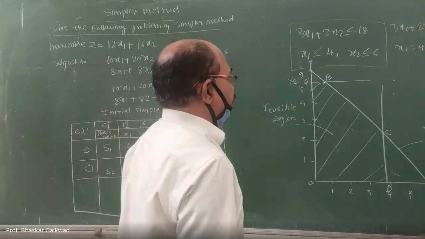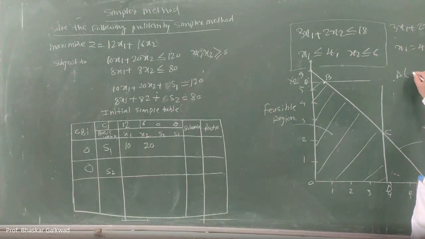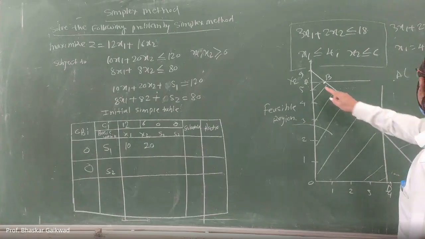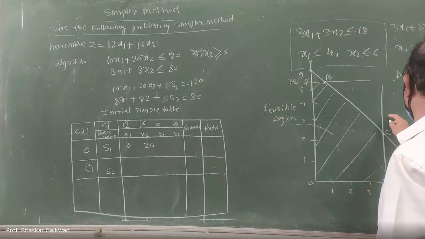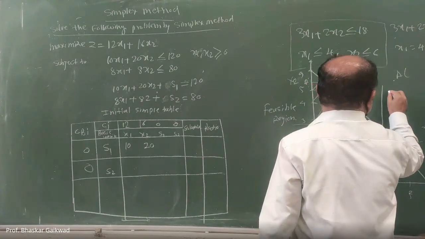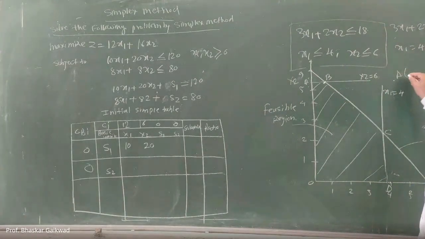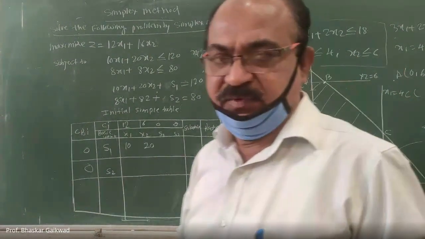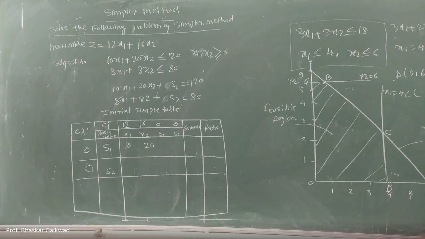Now calculate the coordinates of A, B, C. You can calculate the points A, B, C by using graph papers. Correct.